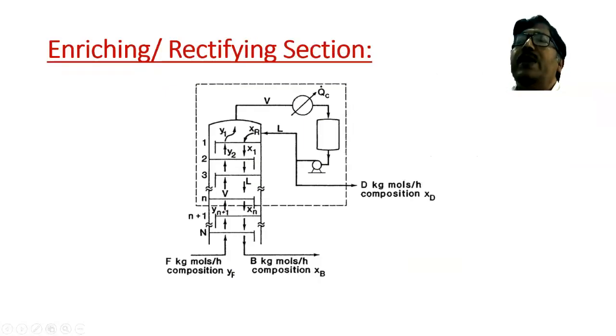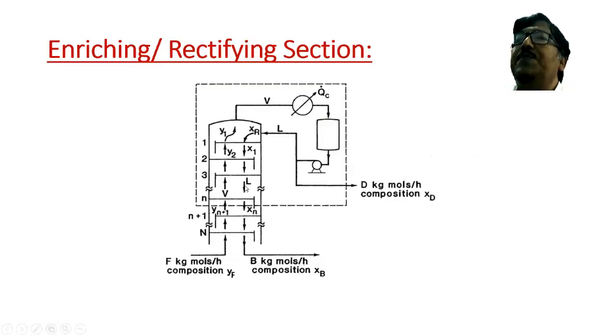Now, we'll be finding the operating line for the rectification section. Based on the envelope drawn here, we'll be doing a material balance.